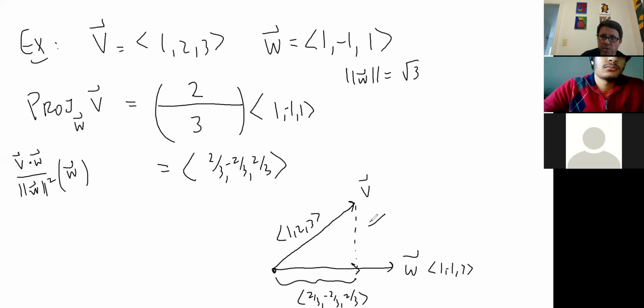Maybe just for completion's sake, what would this vector be here? So I know that if I go over this amount, I get this bottom vector. But if I wanted to come back up to here, then when I add these two things together, I have to get 1, 2, 3. So without doing any subtractions, what do I need to add to 2/3 to get it up to 1? So I'd have to add on 1/3. So 2/3 and 1/3 for the X direction gives me 1.